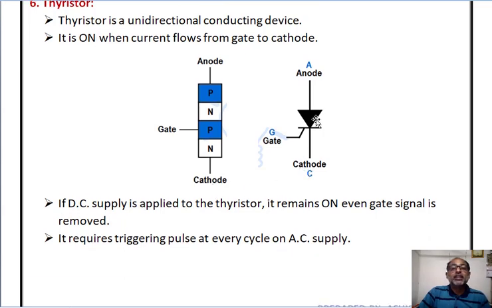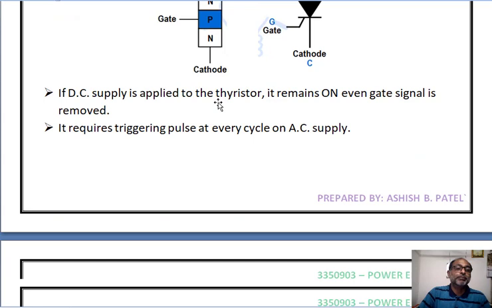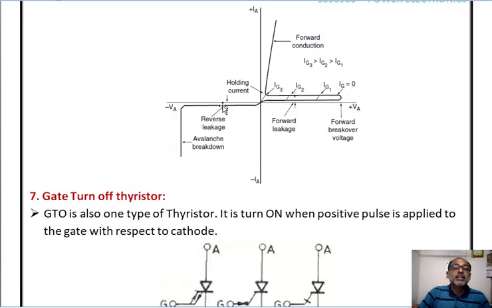But when it is connected to the AC supply, it requires a triggering pulse at every cycle. Without a triggering pulse, it cannot turn on. Now these are the characteristics.